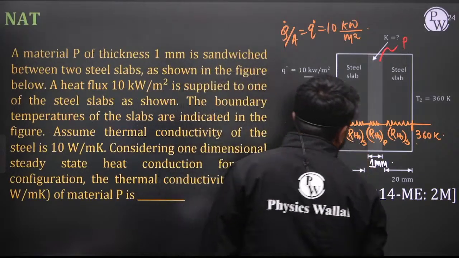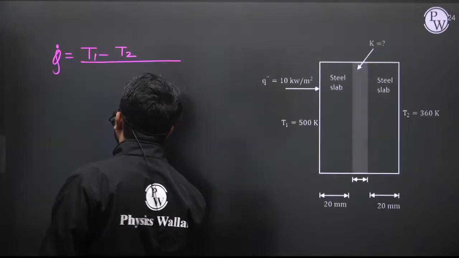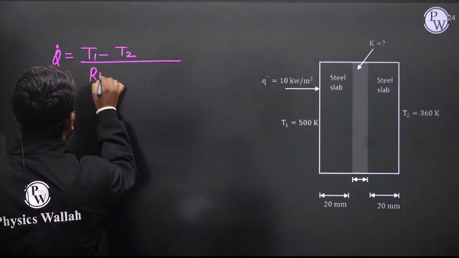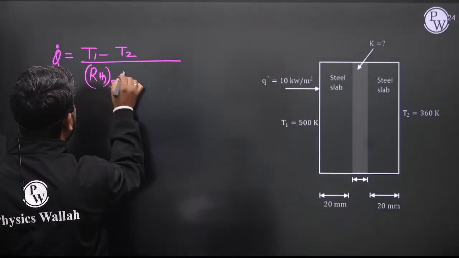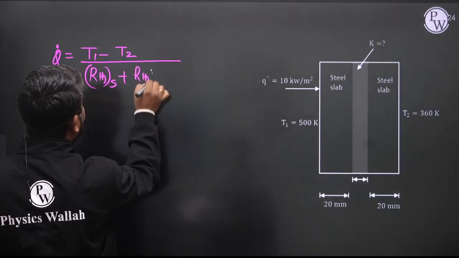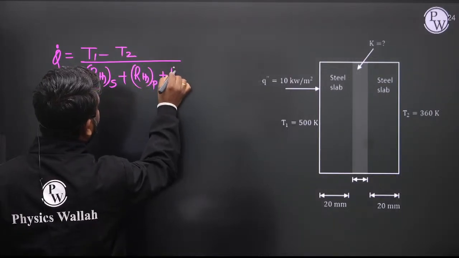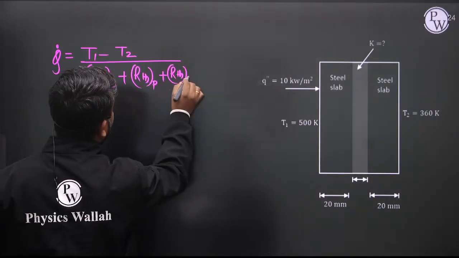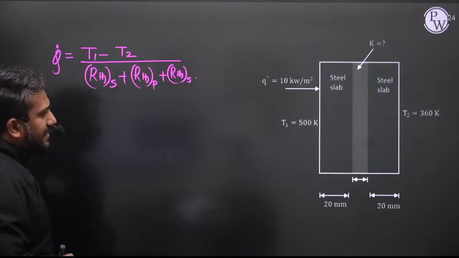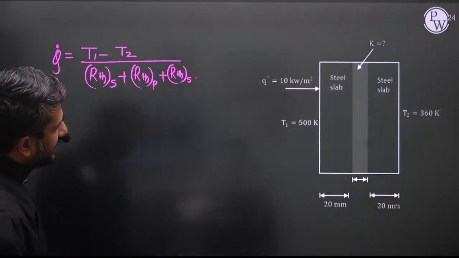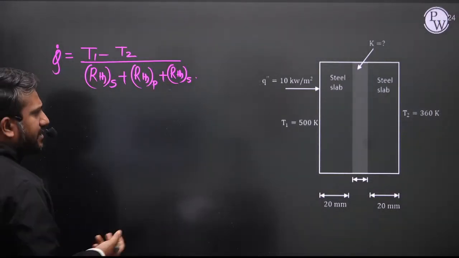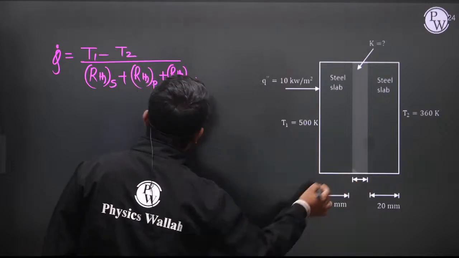So R_th of steel plus R_th of material P plus R_th of steel. Both the steel slabs are in identical condition, the thickness is the same and the thermal conductivity is the same.